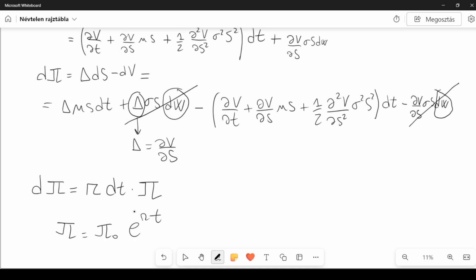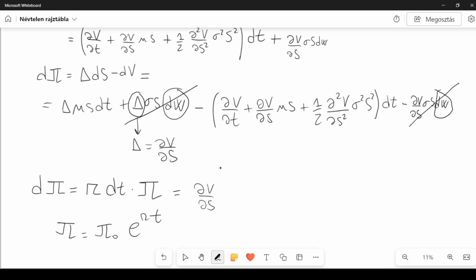So you can see that r really models the evolution of our portfolio, and it is an exponential evolution. So we want our portfolio to increase its value, and you can see here that we are modeling that with this r. So we assume that r is given, and at this point we can equate this d pi to this d pi here.